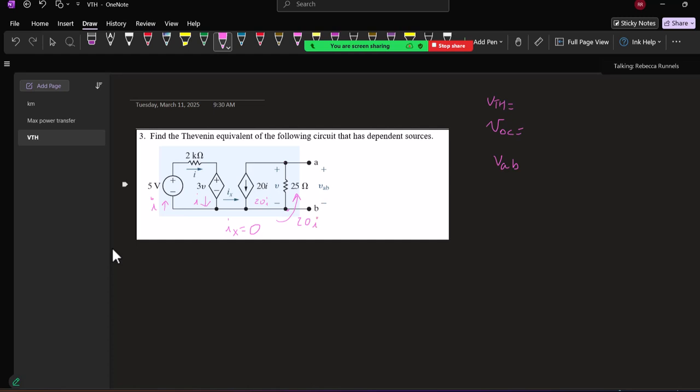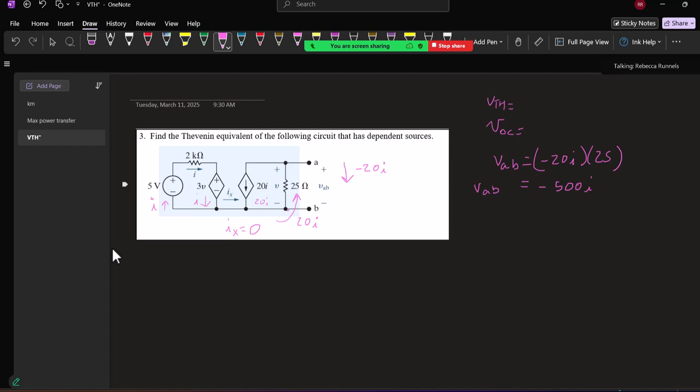So if I want VAB, the current going from A to B is negative 20I, because 20I is going up, so negative 20I is going down. And so VAB will be negative 20I, that's the current, times the resistance, which is 25. So that would be negative 500I is VAB.